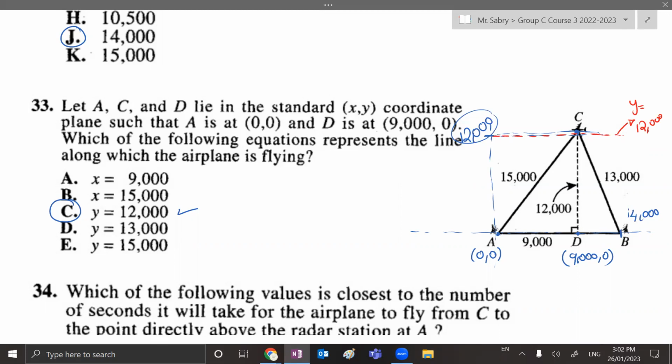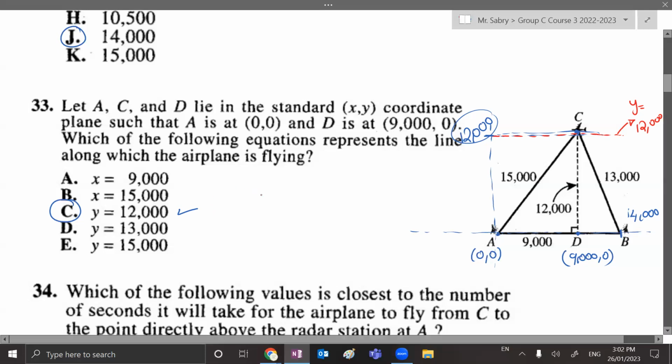Yes, in units it's the same, but it's not the same distance, because they're asking about the equation of the line. This is an XY coordinate plane, and you have this point here, point C. You're told that this here is 9,000, and this here is 12,000.